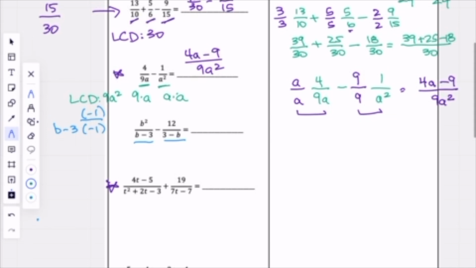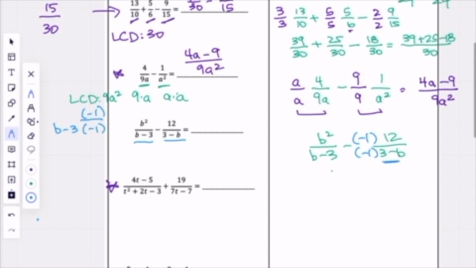Okay, so what we're going to do is we're going to express both of our initial rational expressions, and we're going to change one of them. And it doesn't matter which one you change, but we're just going to remember that we're going to multiply one of them by -1 over -1 in order to change that denominator to what we want it to be. No pun intended, those are b's.